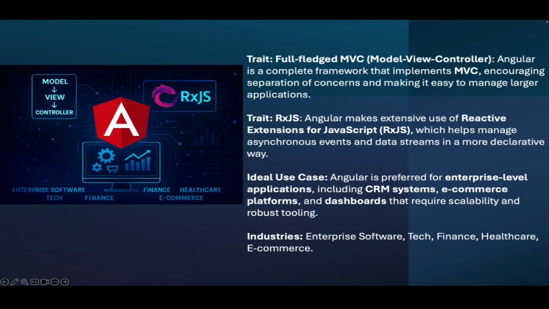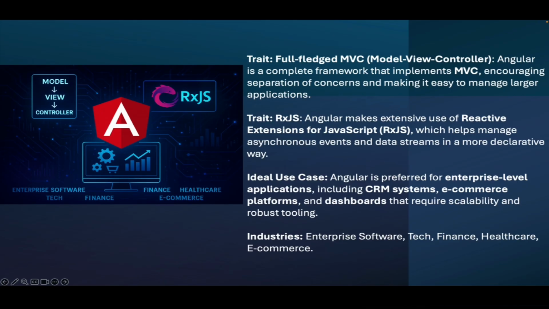In terms of Angular, the main trait here is that it is full-fledged MVC. Angular is a complete framework, unlike React, which is a library, and it implements MVC, encouraging separation of concerns and making it easy to manage larger applications. Another trait is that Angular makes extensive use of Reactive Extensions for JavaScript, known as RxJS.